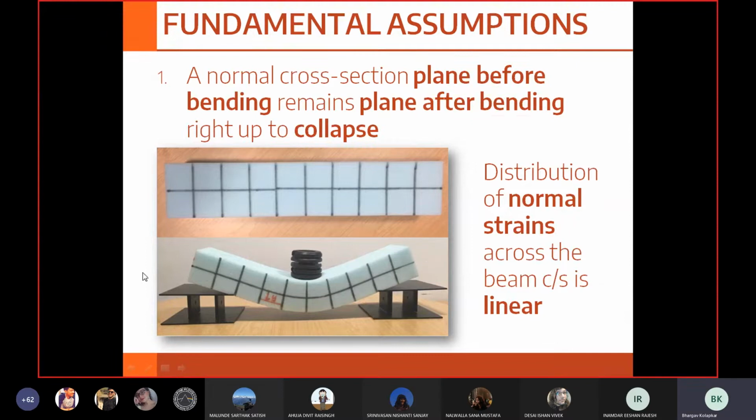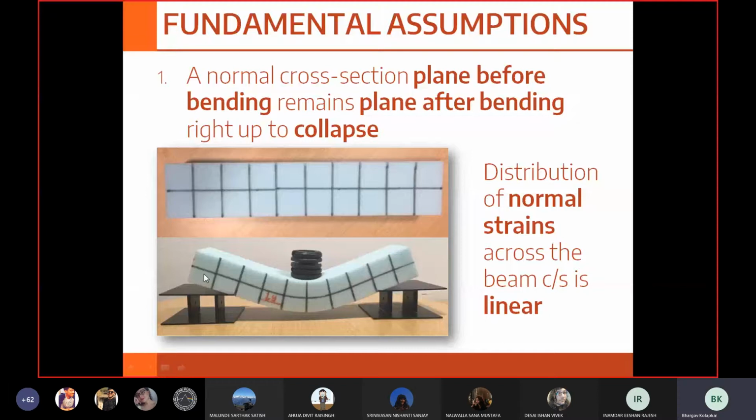Okay, and this particular axis is called the neutral axis. It is called neutral because it neither experiences tensile stress nor does it experience compressive stress.